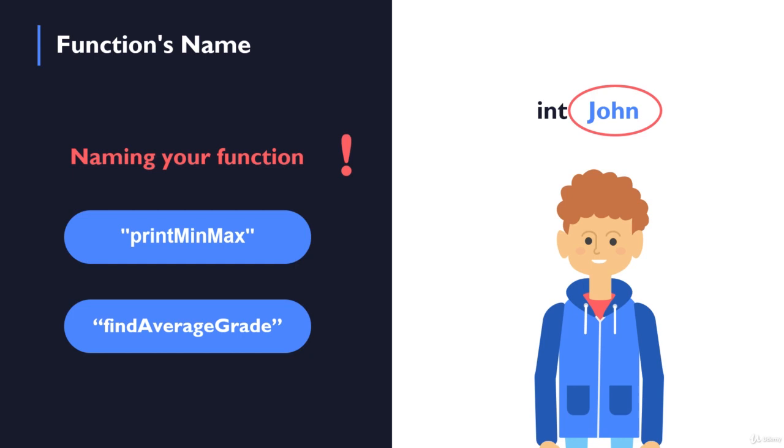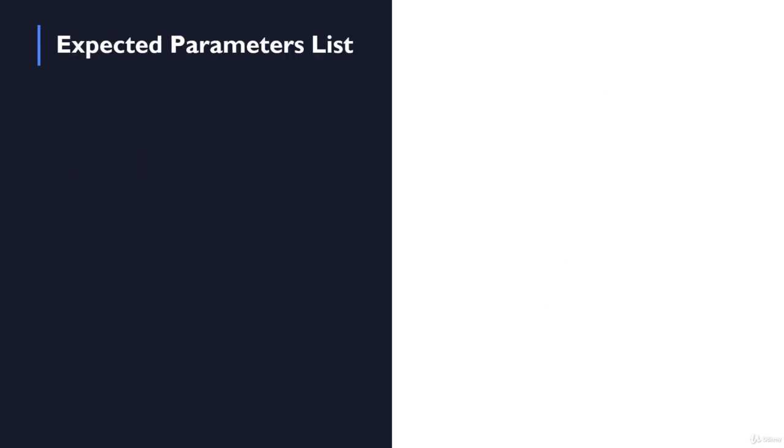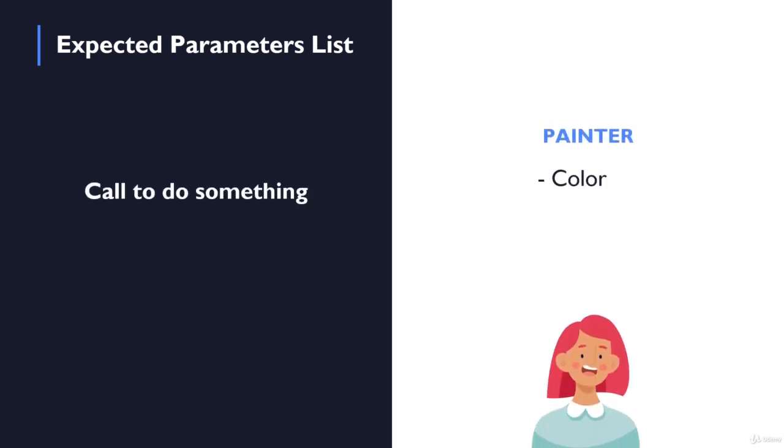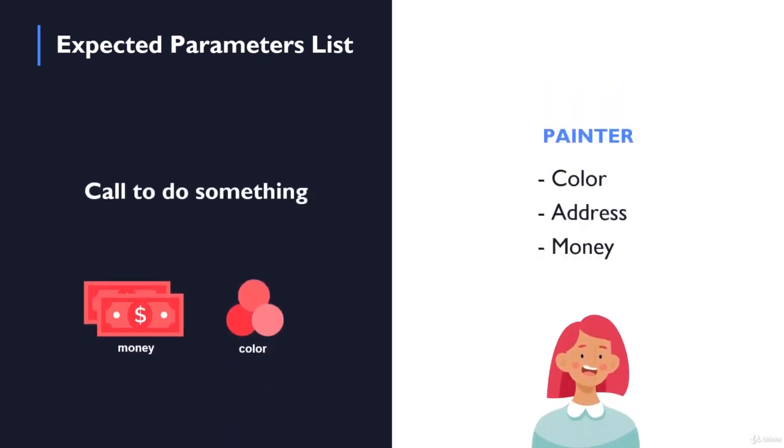And so lastly, we have also the function's expected parameters list, okay? You remember that a function is just like someone with a profession, and whenever you call him to do something, you give him a couple of things. So, for example, if you're using a painter that paints your house, there may be some parameters that we would like to give this painter before he or she starts his or her work, okay?